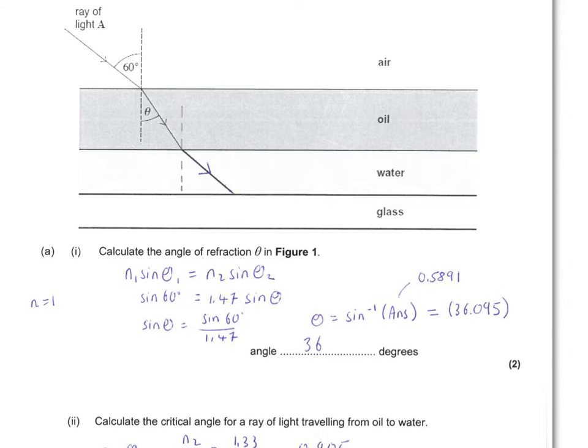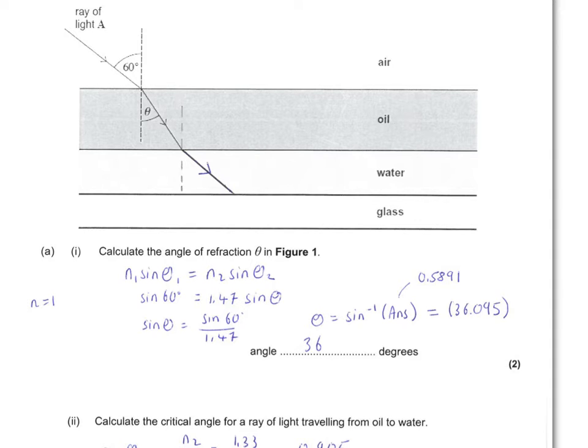The refractive index of the oil was 1.47, and then the second angle is labelled as theta in the diagram. Rearranging and solving, we find the angle of refraction is 36 degrees.